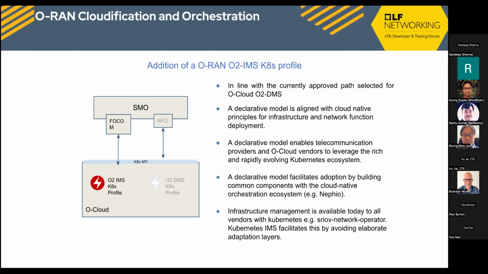So this is how the overall architecture of RAN is being driven, and the evolution is happening towards a more cloud native way of performing things. Platforms like Nephio will become a perfect fit for automation and orchestration in the RAN world. When it comes to infrastructure management, there is already a lot of work that has happened.